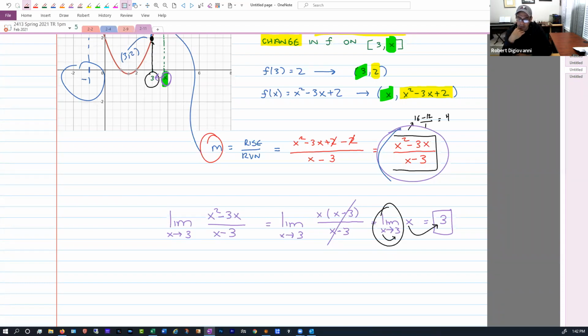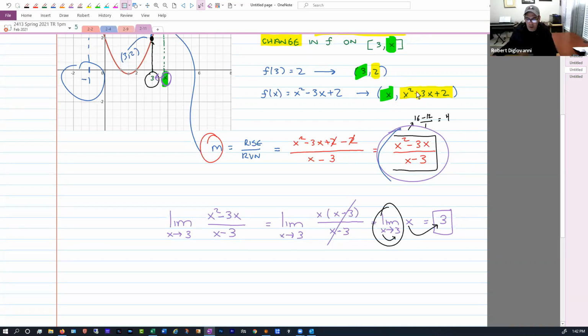I have a question. When you're putting in your rise over run to find out the slope, do you always subtract the opposite value? Like when you put in the x squared minus 3x plus 2 minus 2, are you always going to subtract the x's and the y's?